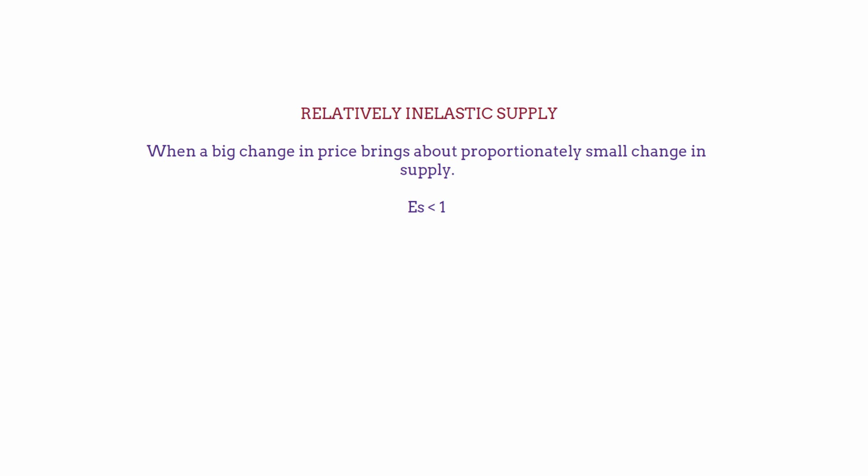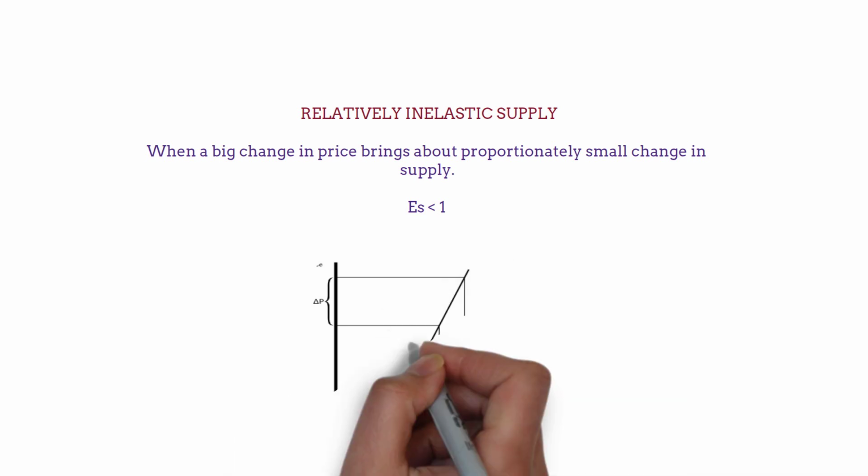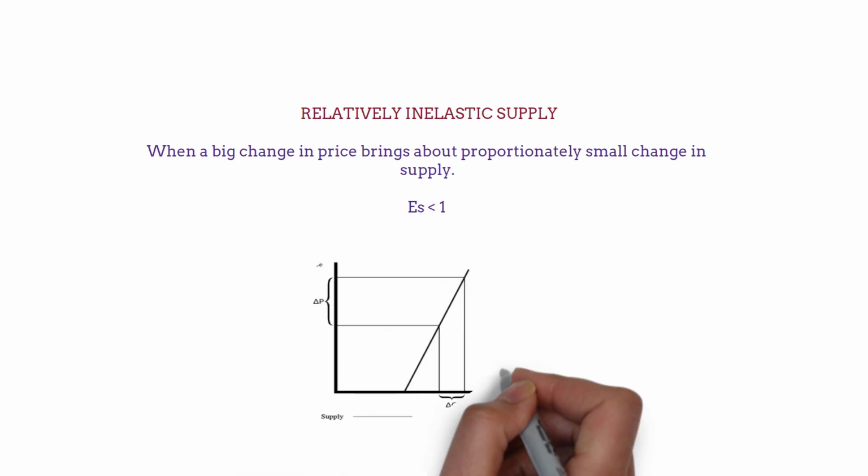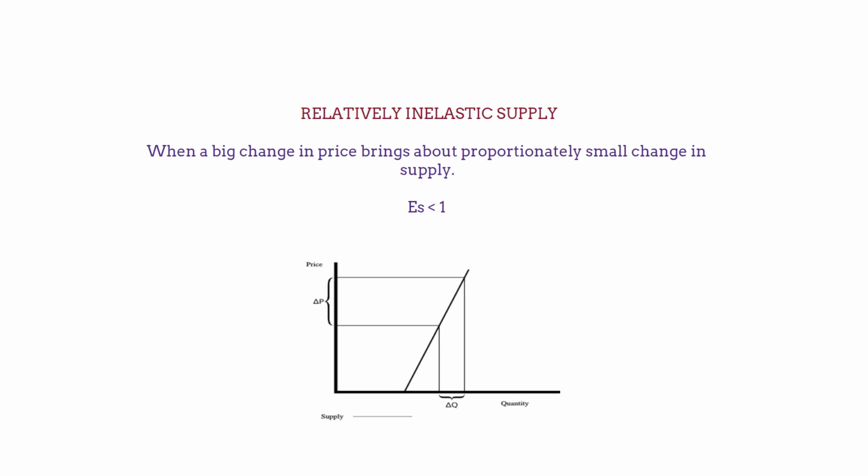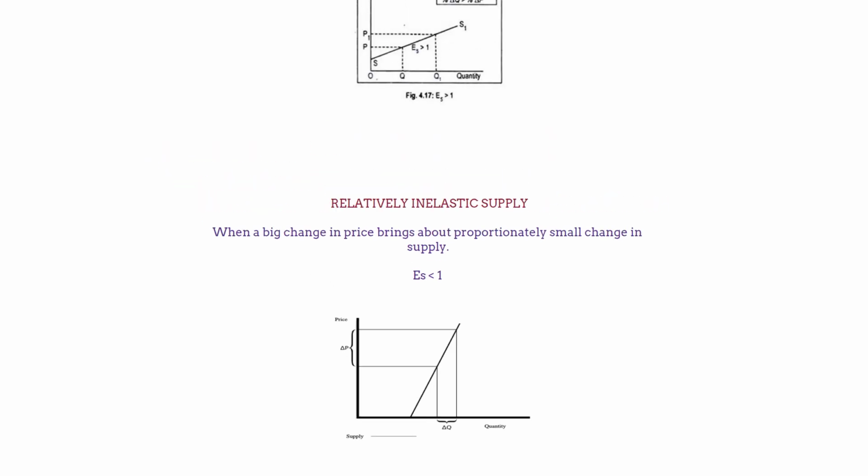Elasticity of supply is less than 1, as the diagram indicates. See, there is a huge change in the price and small change in the quantity supplied.